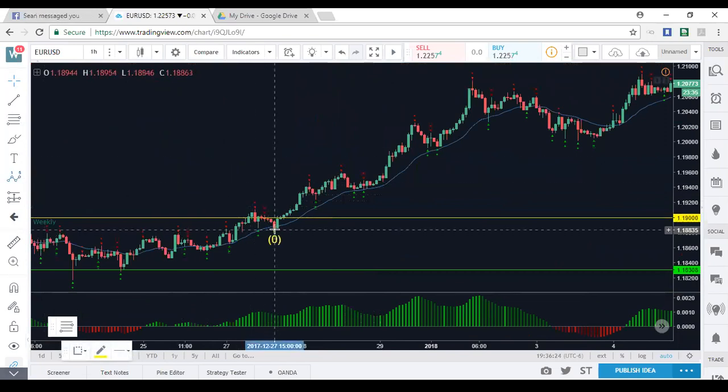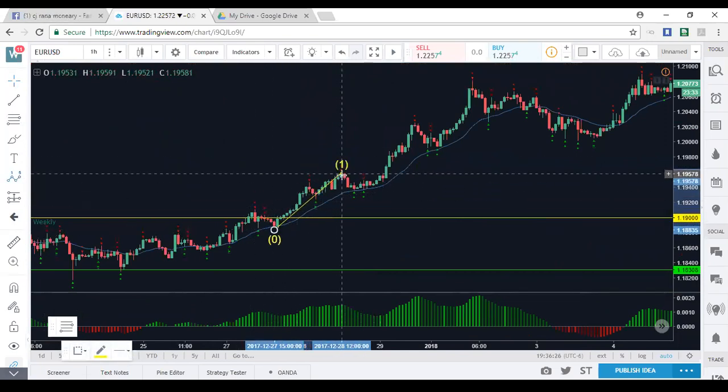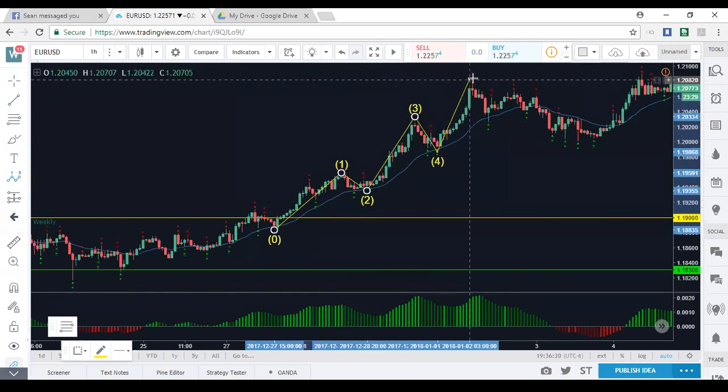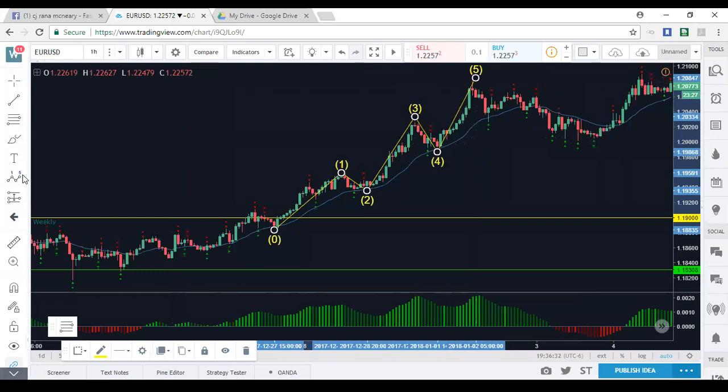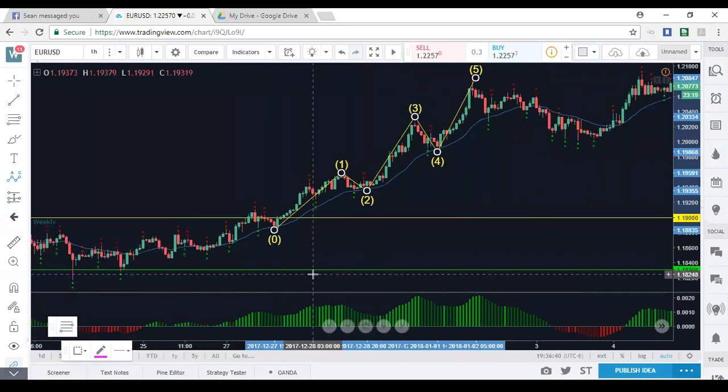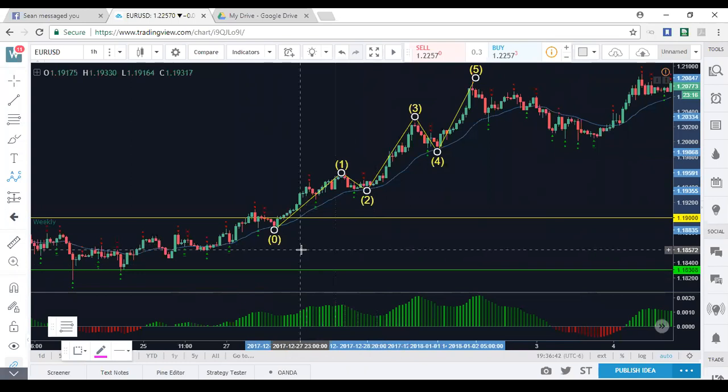so from this low, we can do 1, 2, 3, 4, 5. All right, so what I did was I identified, to me, what's easier to identify these would be looking for the retracements, because like I said, that's the easiest guideline to memorize.